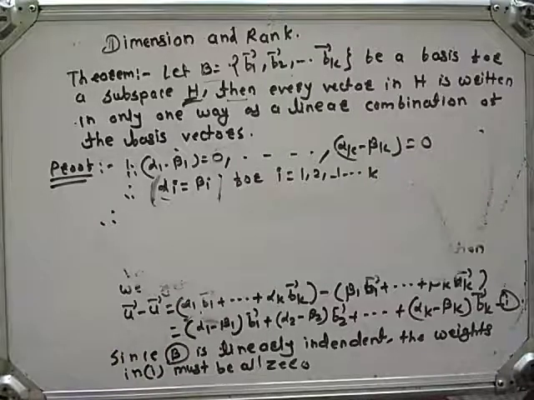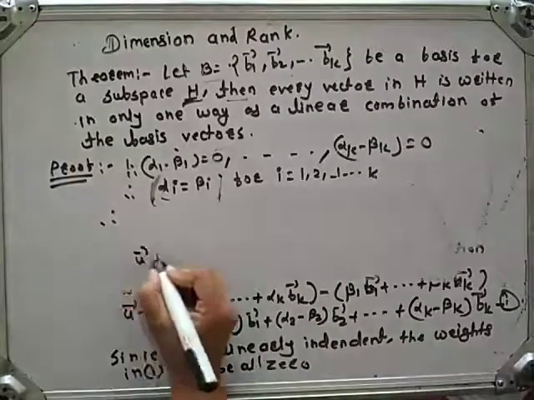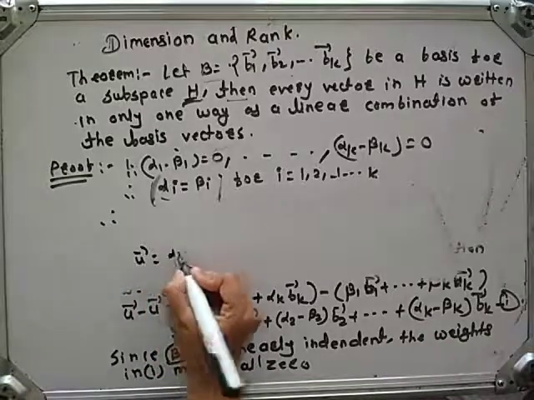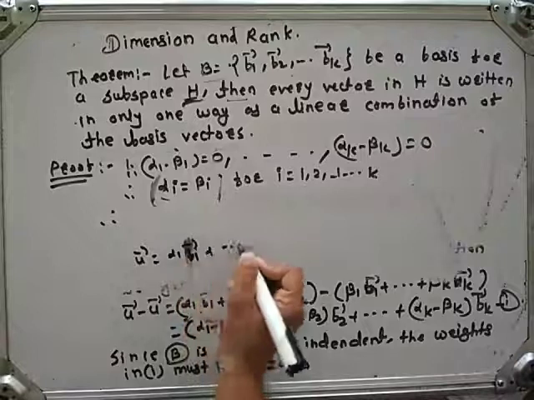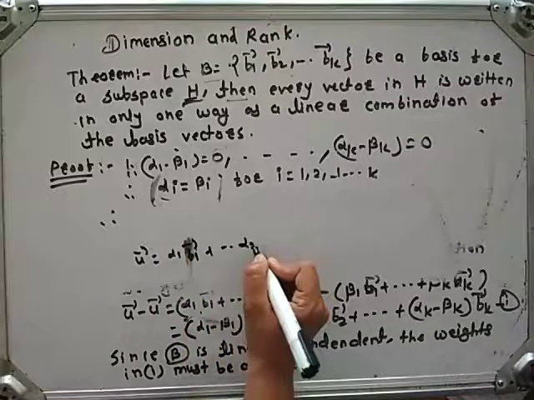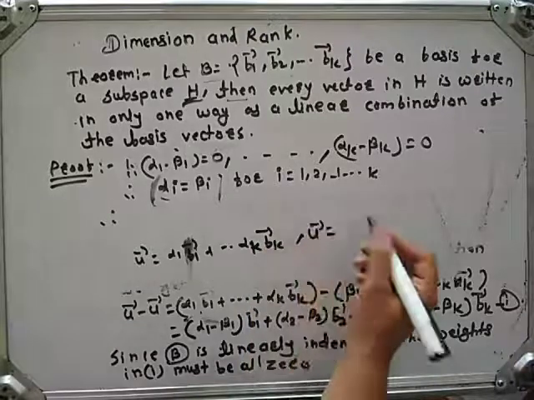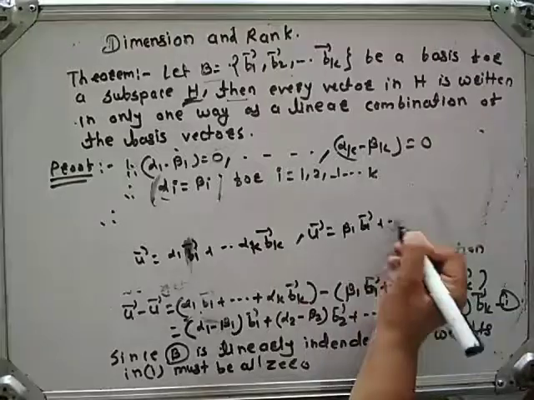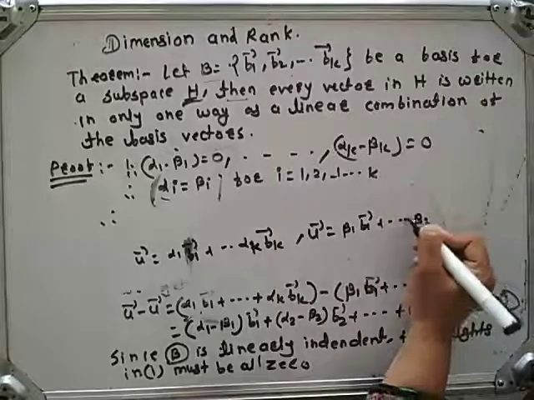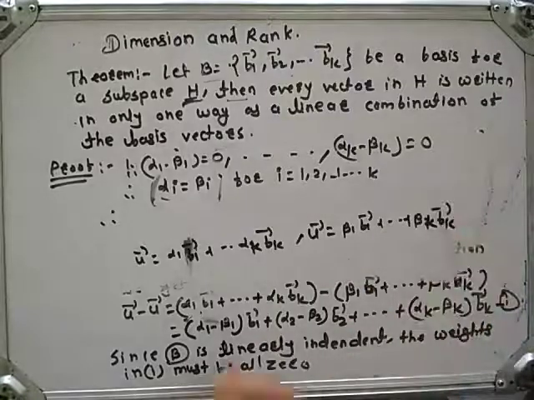This shows that, in the previous step we have written alpha 1 into b1 bar plus alpha k into bk bar, and your u bar is also equal to beta 1 into b1 bar plus and so on up to beta k into bk bar.